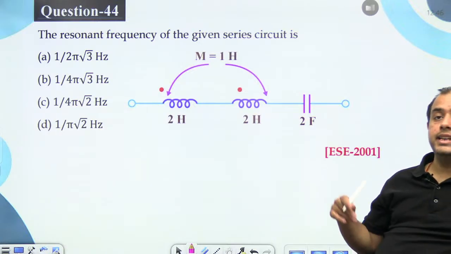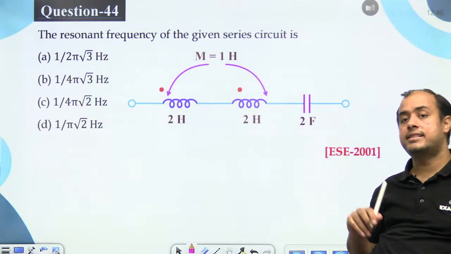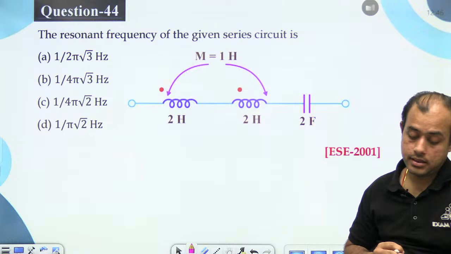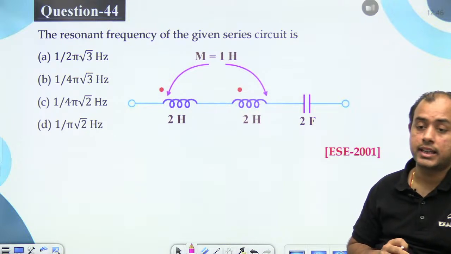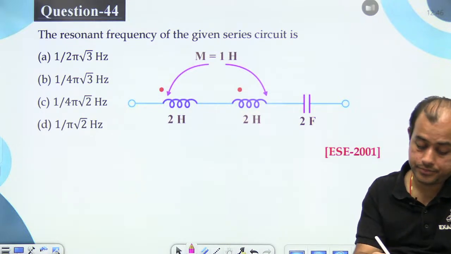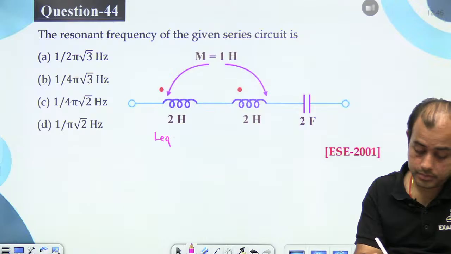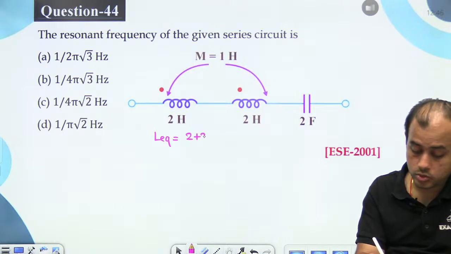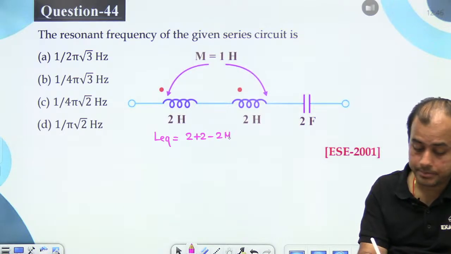Resonant frequency of the given series circuit, ESE 2001. Resonant frequency of the given series circuit. So L equivalent is 2 plus 2 minus 2M.